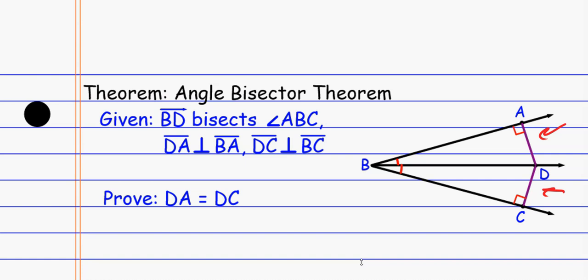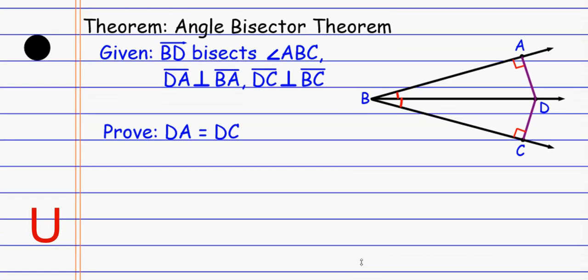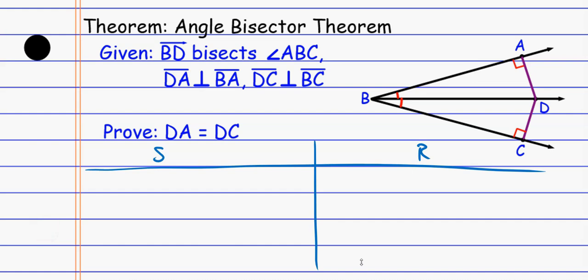Now I'm trying to show that any point on this is equidistant to the two rays, okay? And so let's go ahead and set this up. And we might label some extra things up here as we go. So statements and reasons. When we recognize that it's trying to prove the same type of thing, it makes this a lot easier because we're going to go the same route.